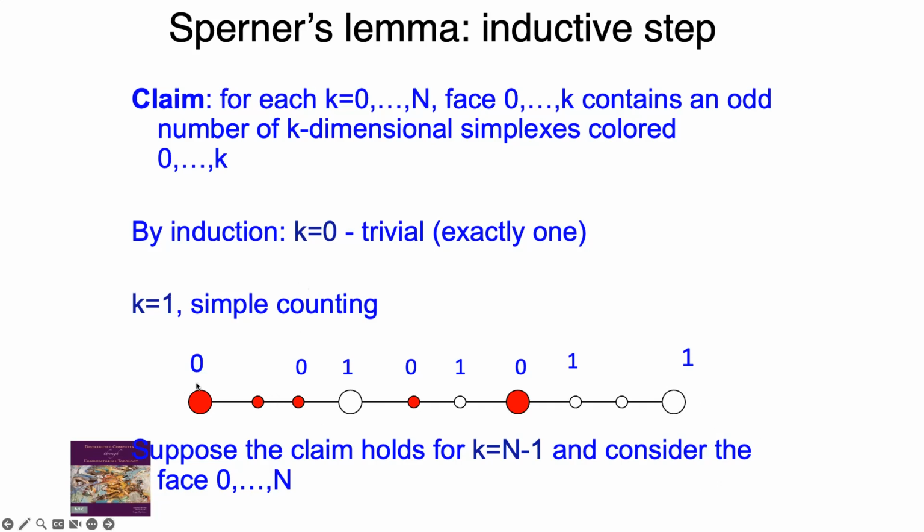So when you travel from 0 to 1, you should at some point switch to a new color. Let's say 0 is red and 1 is white. If you go from 0 to 1, you should switch at some point. You should have at least one. But how do we argue that it should be odd? Anyone?